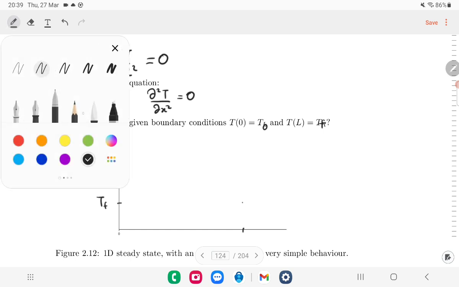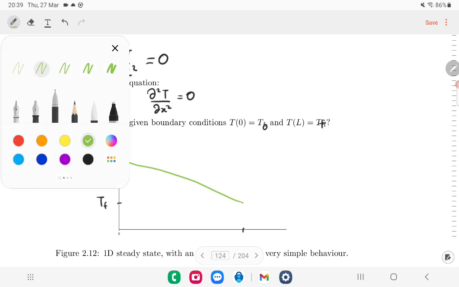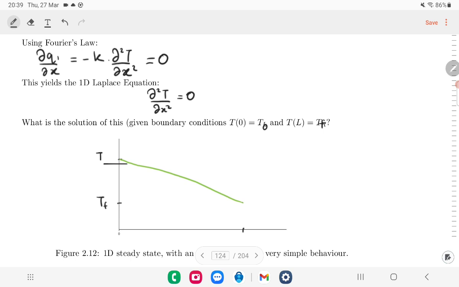And if it's in equilibrium, this is a straight line. This should be T0, not initial in time, but initial in distance.